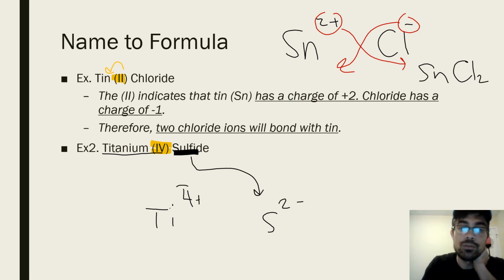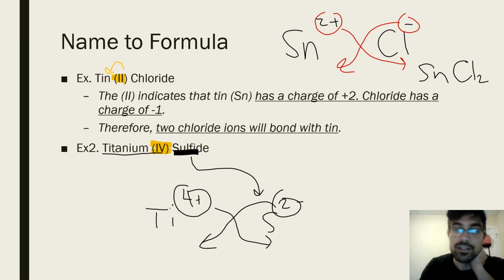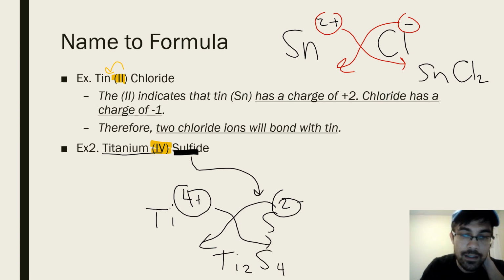Now what you could do is just do the cross and that works, or you could just see that there's a common multiple here. You would need 2 sulfurs to cancel out the +4. But if you do the cross, and this is why I say it's a good idea to understand because it won't always work, you would end up with this, okay? And you want the lowest possible ratio.